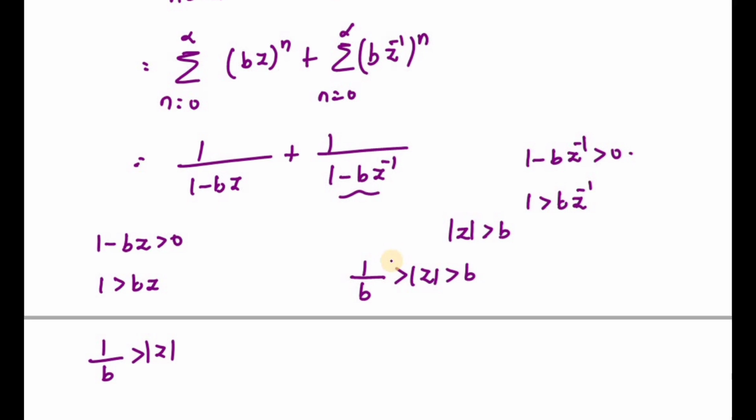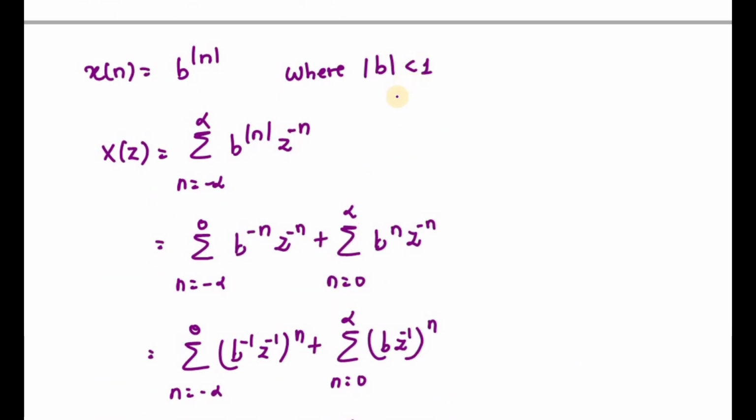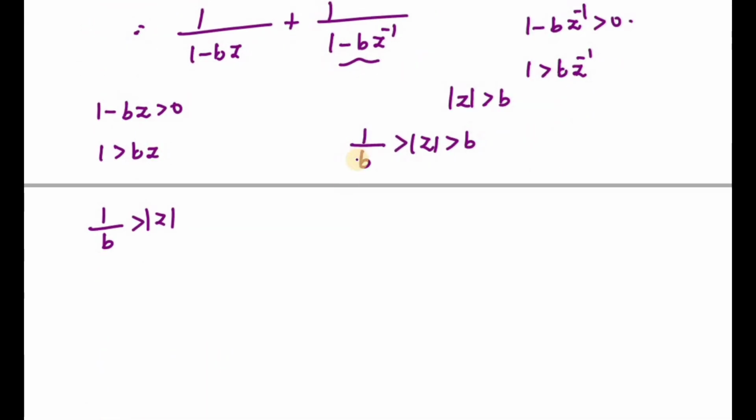Here b is given as modulus of b, which means it may be a positive or negative value, whatever it is. So definitely it becomes less than 1, meaning it may be 0.1 like that, right? So I can write it as modulus of b.